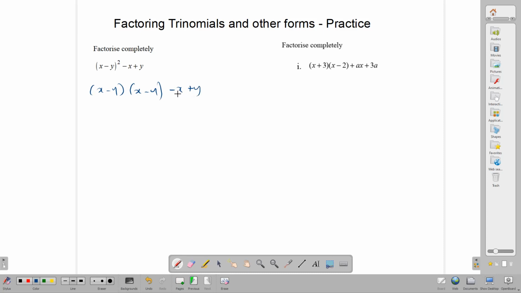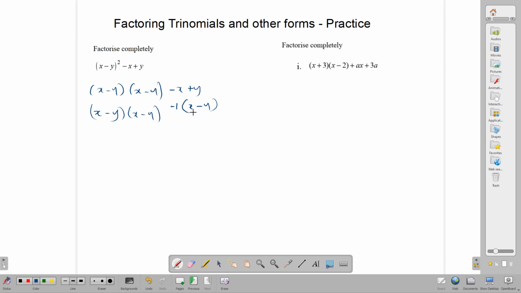Now, if we are supposed to factorize the end part of this, we can use minus 1 as our factor and write x: negative x divided by negative 1 gives us an x, and positive y divided by negative 1 gives us minus y, which gives us x minus y, and minus 1 into x minus y.